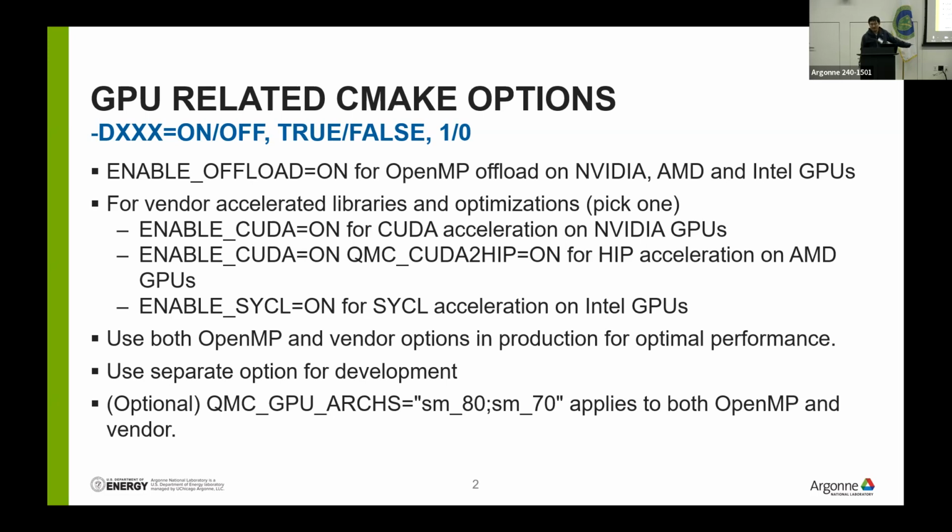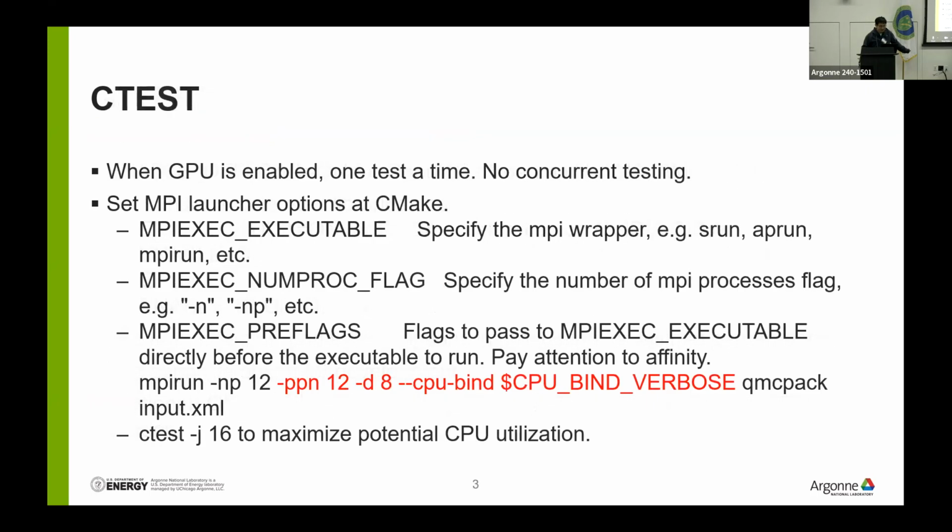The only requirement is they need to be from the same vendor. We don't support mixing AMD and NVIDIA. There's no such thing. So just remember, you have those flexibilities.